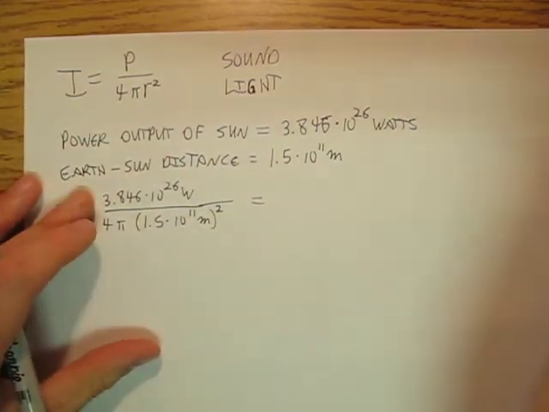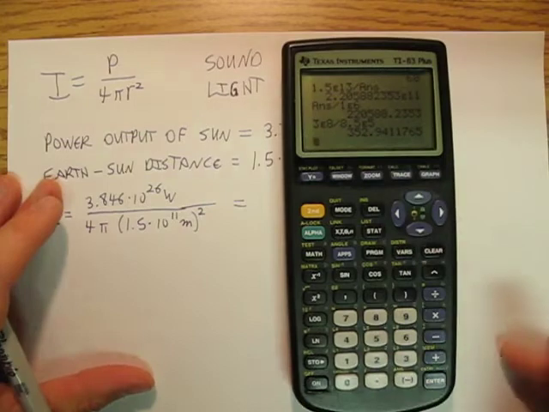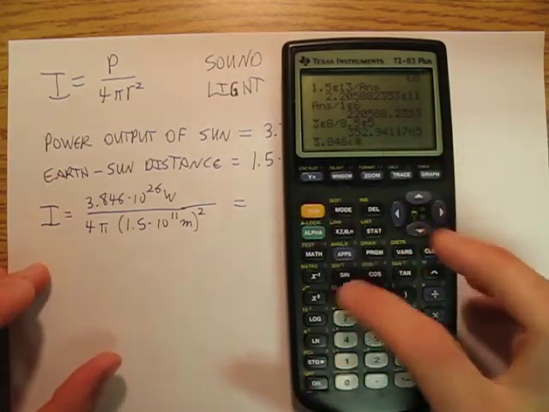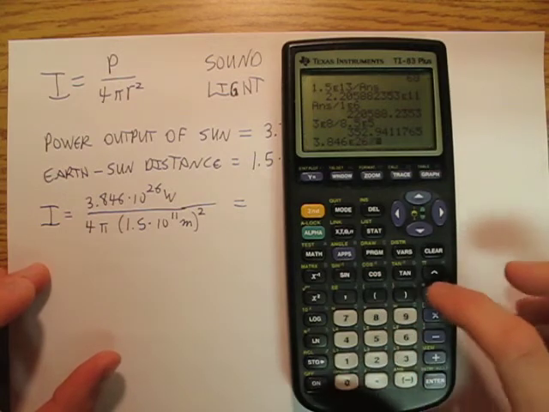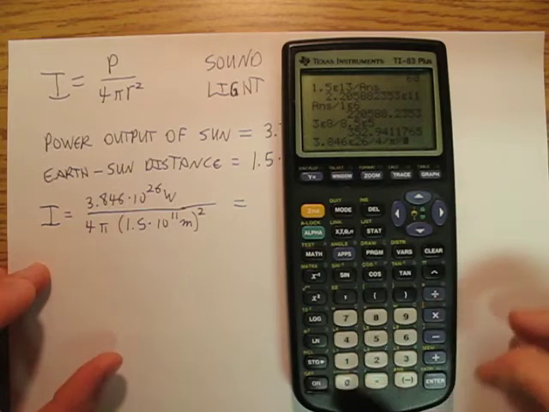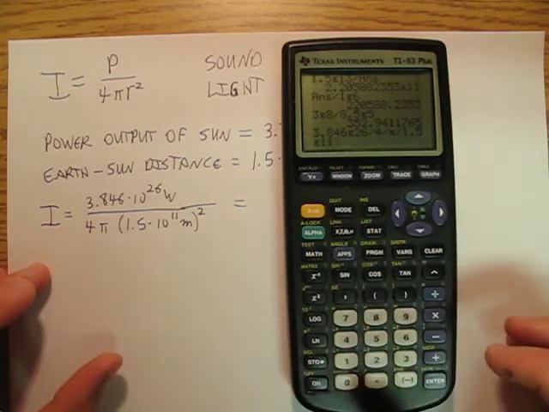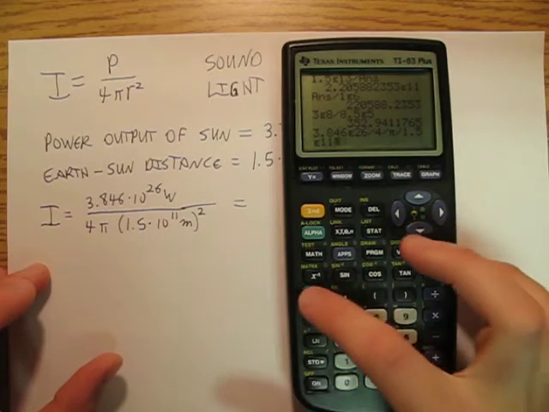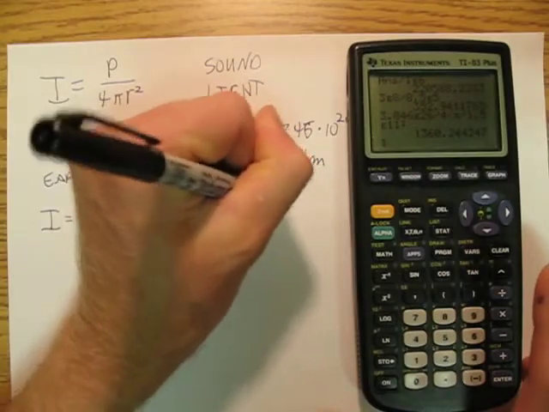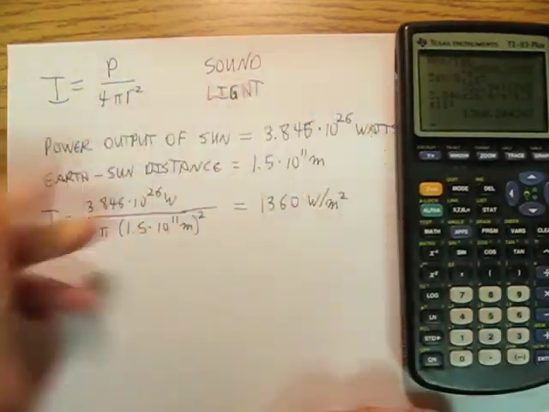So the intensity of sunlight reaching the Earth is going to be 1,360 watts per meter squared.